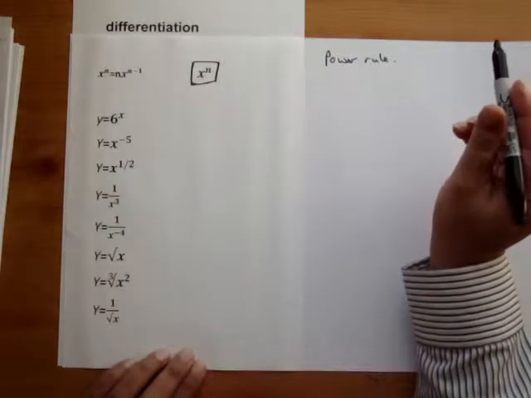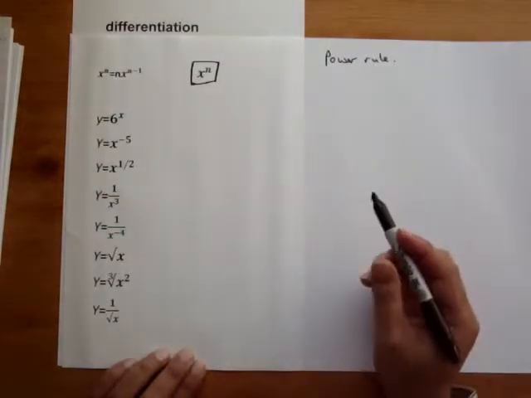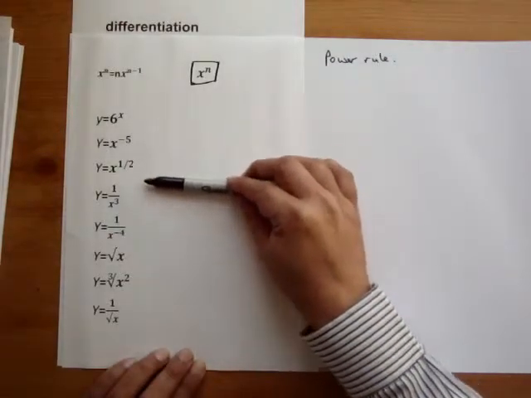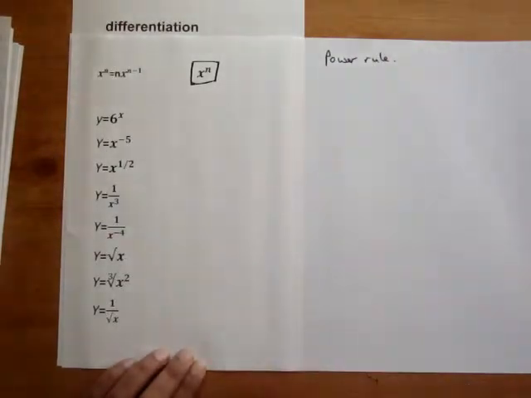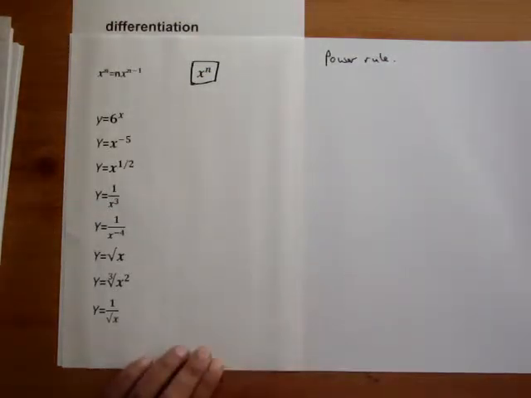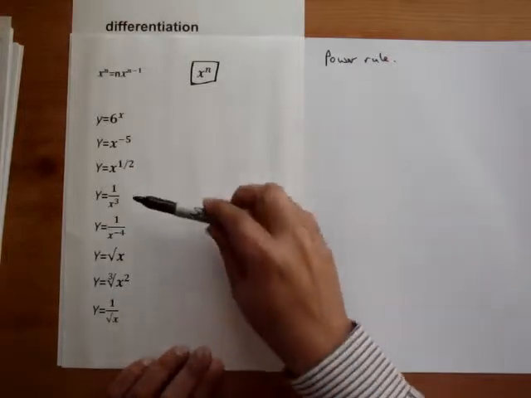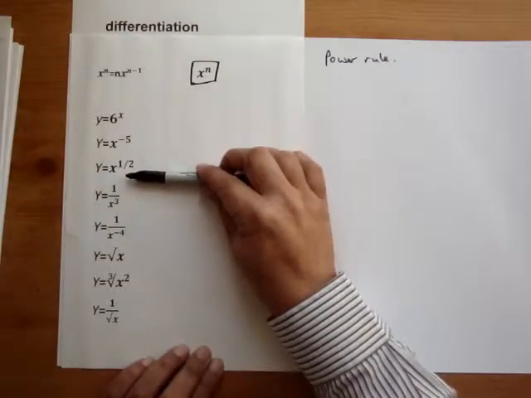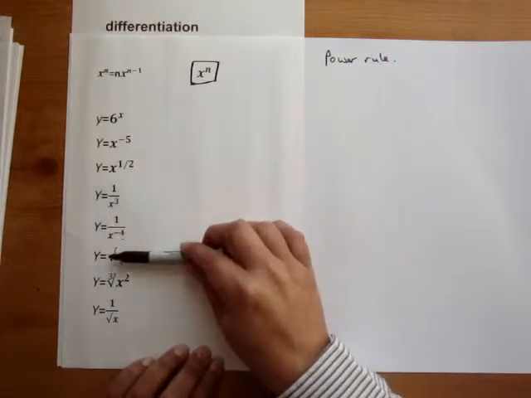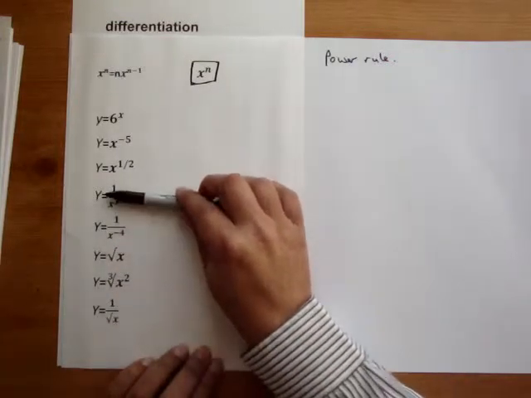So let's have a look at some functions that we can differentiate. Before we start, these first ones are in this form, x to the power n. However, these 1, 2, 3, 4, 5 are not.